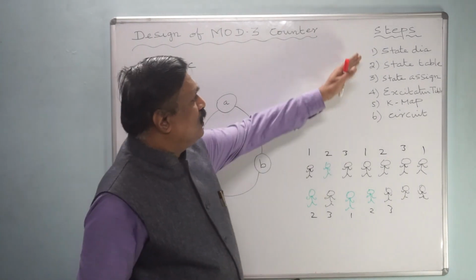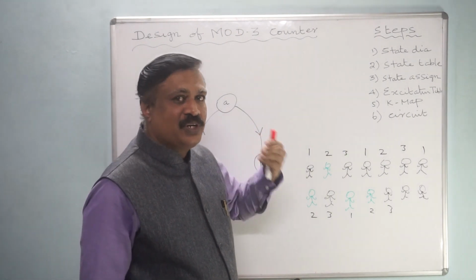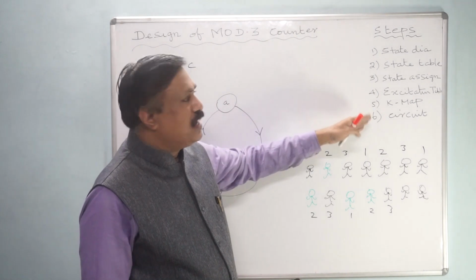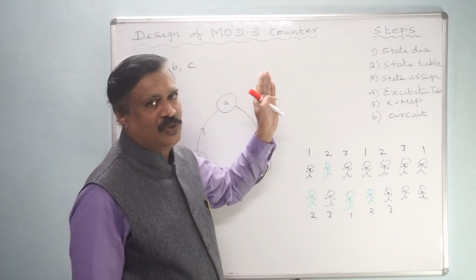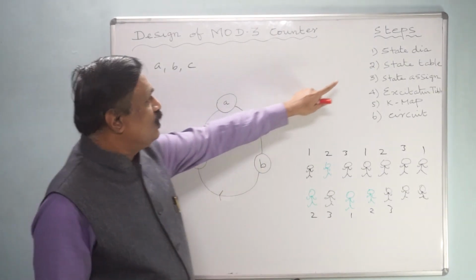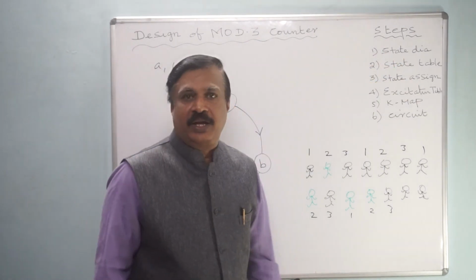Here, I have written the steps to be followed. In order to reduce the time, I have listed them here. You can note them down. As per these steps, I am going to proceed to design the mod 3 counter. The state diagram I have drawn. The next one is the state table.